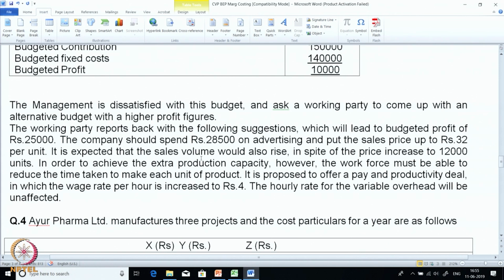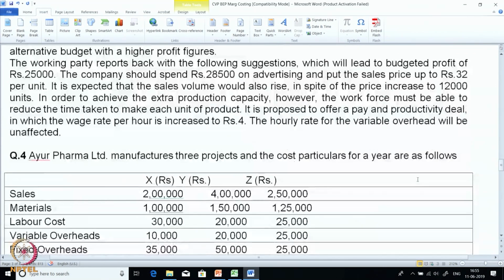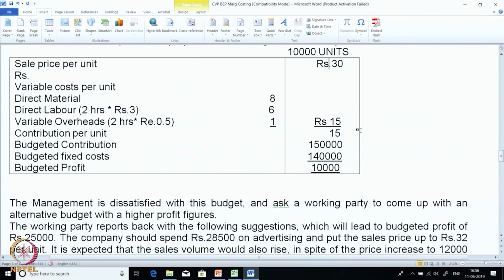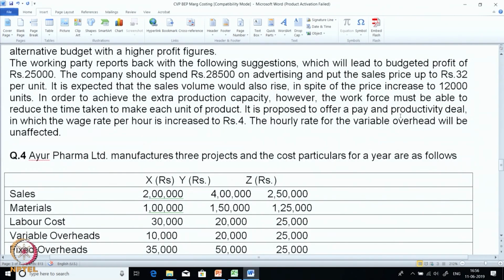They suggest that the company should spend 28,500 on advertising and put the sale price up to 32. So, the current sale price of 30 will be increased to 32. It is expected that sales volume would also rise to 12,000, from the current 10,000.